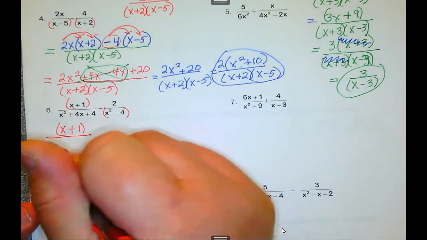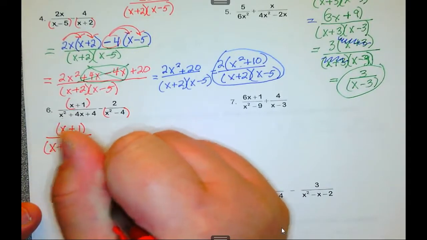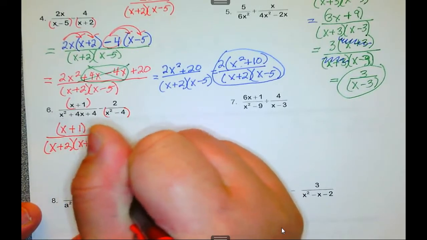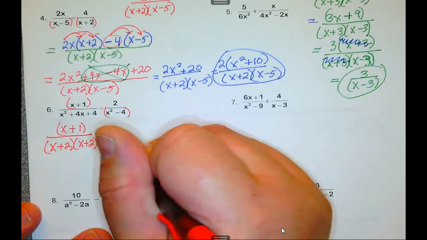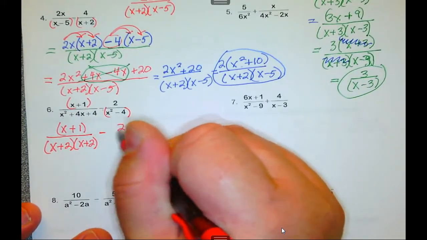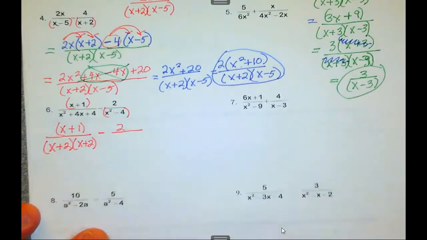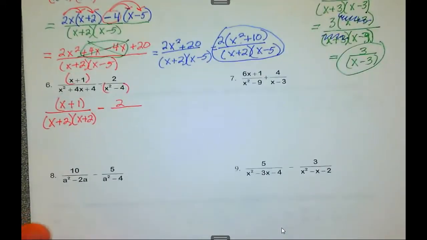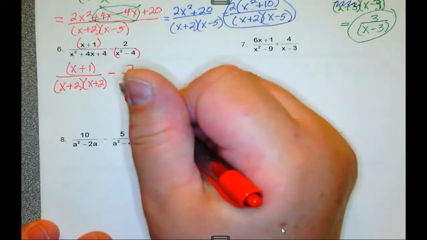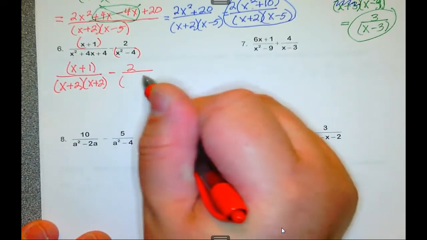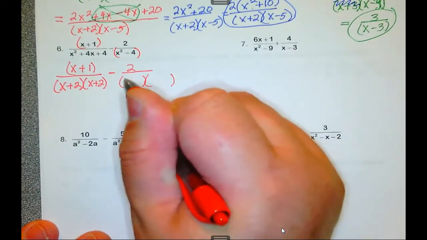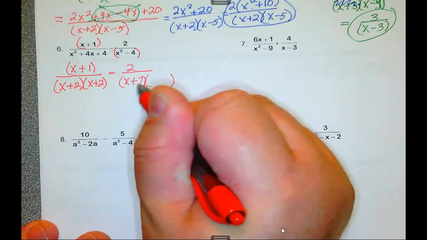Yes. X plus 2 times x plus 2 minus 2 over, that's a difference of squares. How do I factor that? X plus 2, x minus 2.